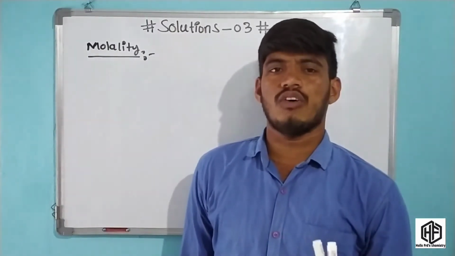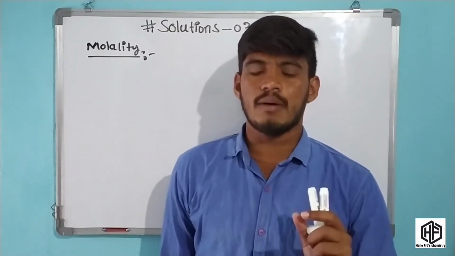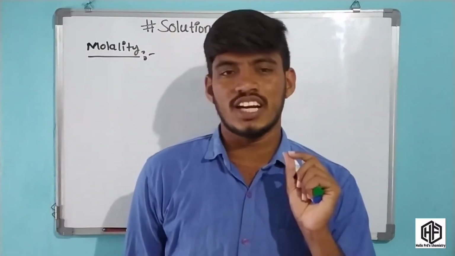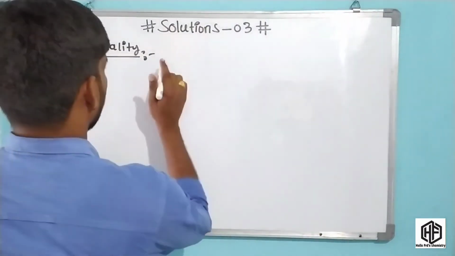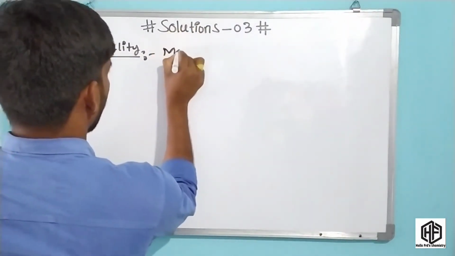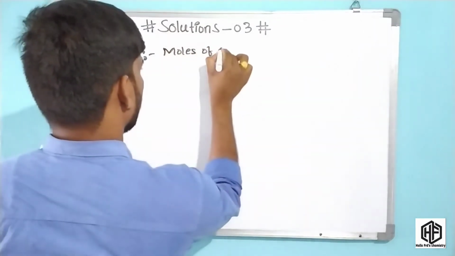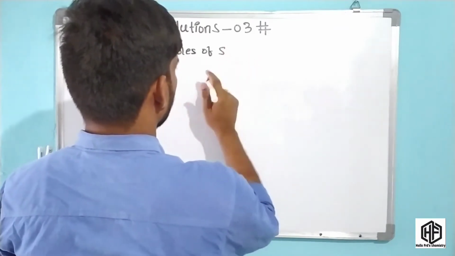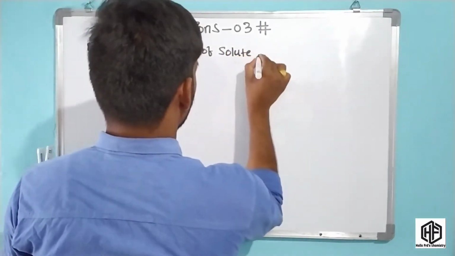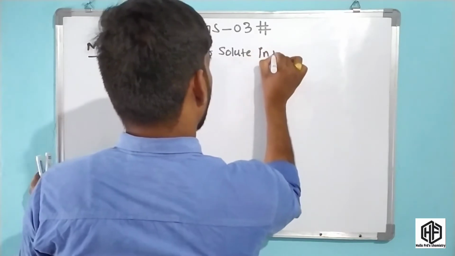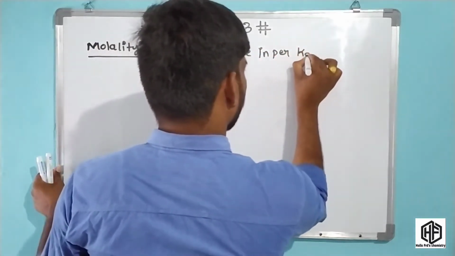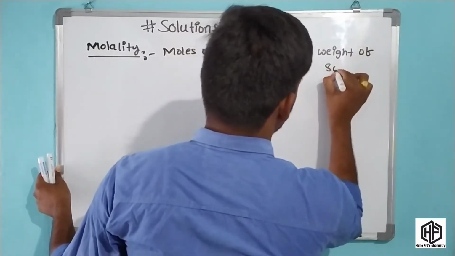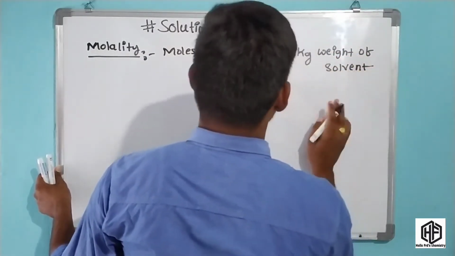Molality is the number of moles of solute present in 1 kg weight of solvent, that is, the moles of solute per 1 kg weight of solvent.